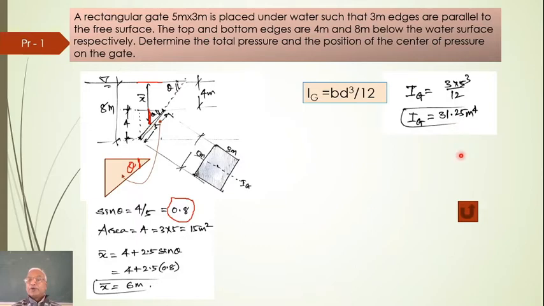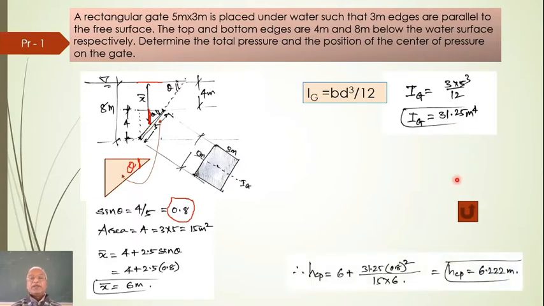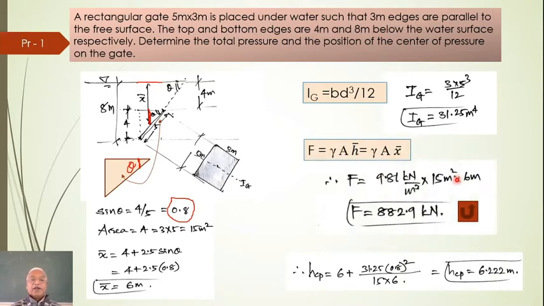So 31.25. Next is HCP. Before HCP I have to work out F, which will be gamma A h bar, good old formula. Gamma is whatever is given, 9.81 kilonewton per meter cube.